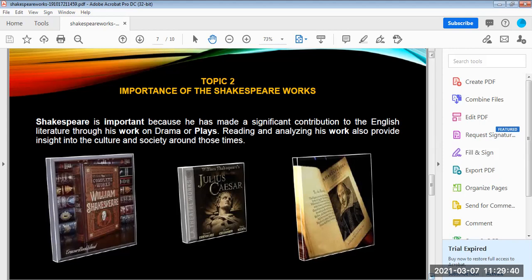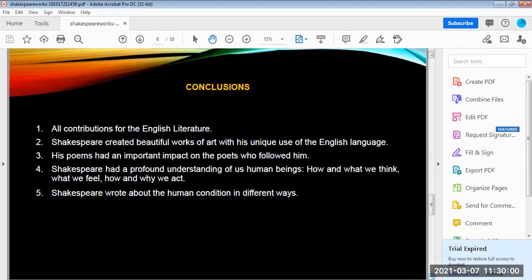He sheds light on the society of his time. Another thing is that we have many expressions and vocabulary that Shakespeare used, and the English language owes this to Shakespeare. We have many expressions introduced by Shakespeare.